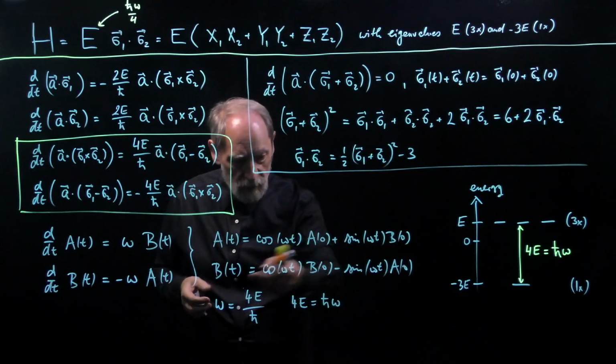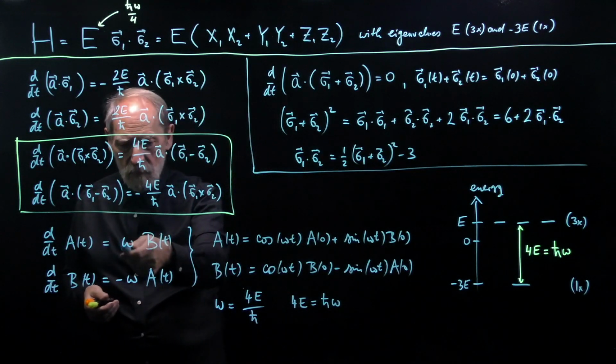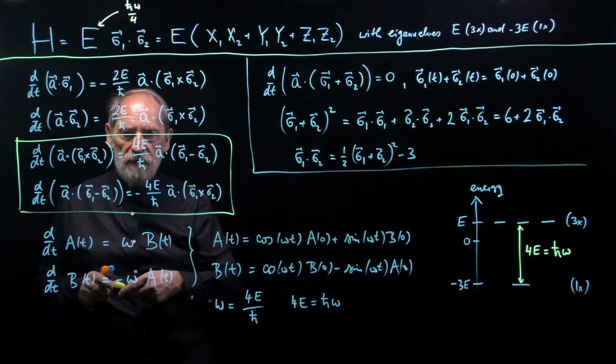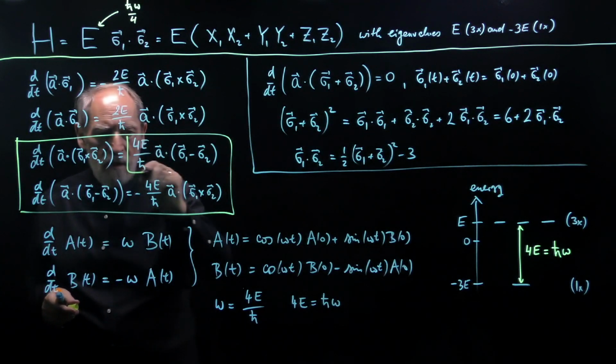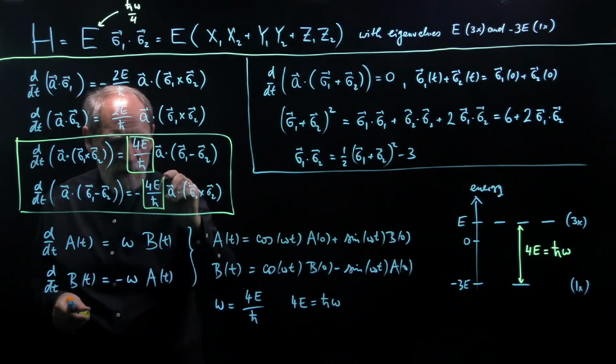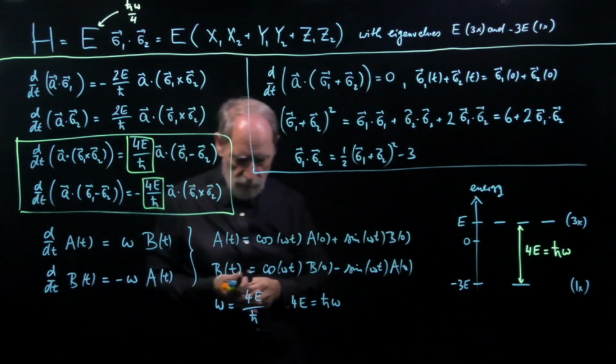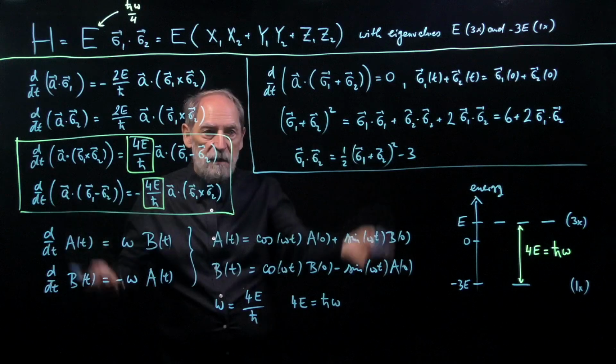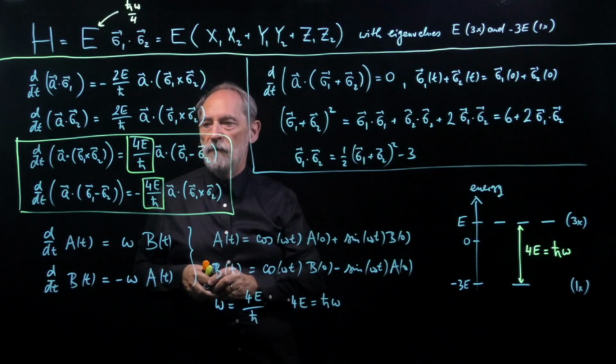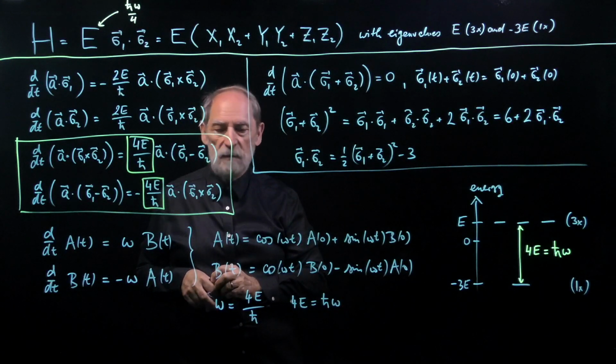So this h bar omega energy difference appears here with the omega as the coefficient that appears in these coupled equations of motion. So now we are all ready to write down the solution for sigma 1 at time t and sigma 2 at time t.